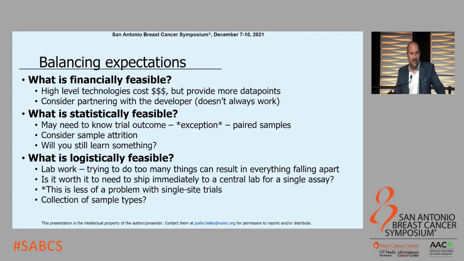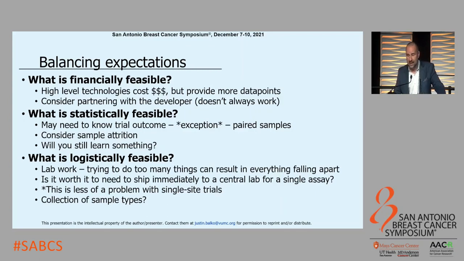There's a lot of excitement around them, but they can be much more complicated than we all think they will be to actually analyze the data or even conduct that type of technology, even though you may have equipment to do that in-house. And so I would consider trying to contact the developer and partnering with them. Sometimes you can get funding to do these, but you'll also get expert analyses from the developer that's actually very engaged and has a lot on the table as far as they want to make this work.